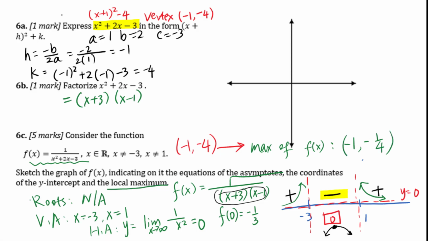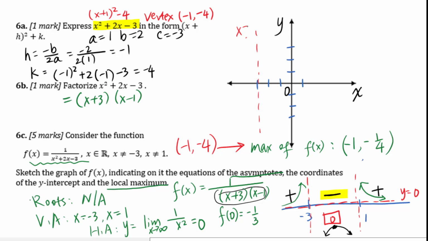Now we can sketch the graph. So we know this is x, here is y, origin. This is x equals negative 3, x equals 1. Vertical asymptote lines.